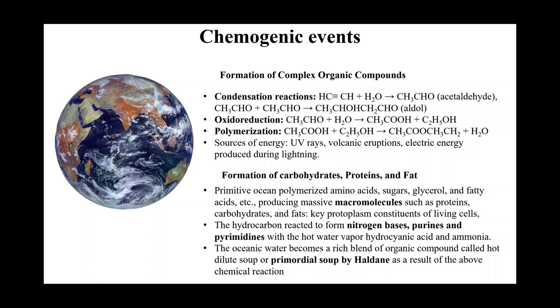So all these compounds now started interacting with each other, for example, water started interacting with methane, water started interacting with ethane, and then we have different compositions of each, giving rise to complex organic compounds like acetaldehyde and aldol. The acetaldehyde interacts with another molecule of its own to give rise to aldol. So this was a condensation reaction.